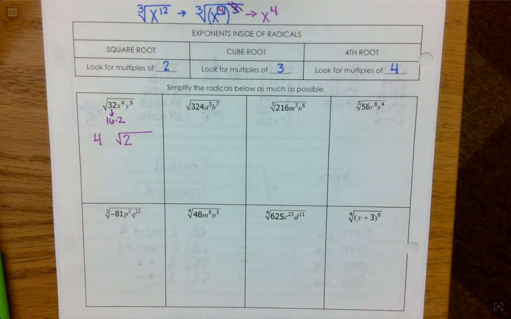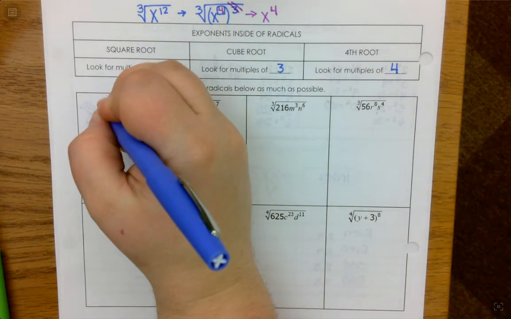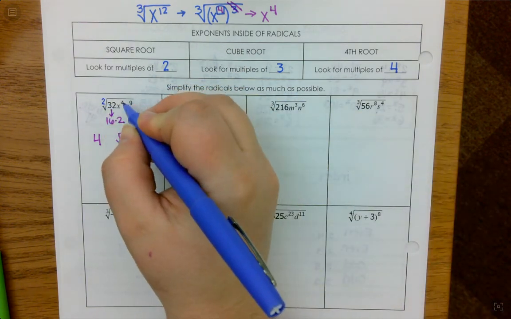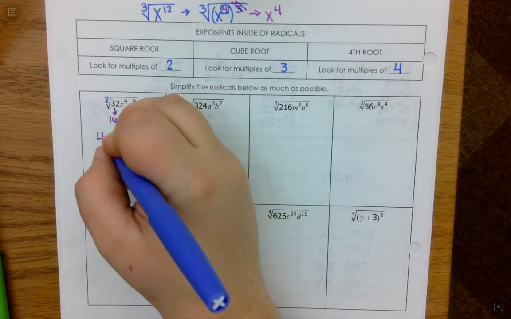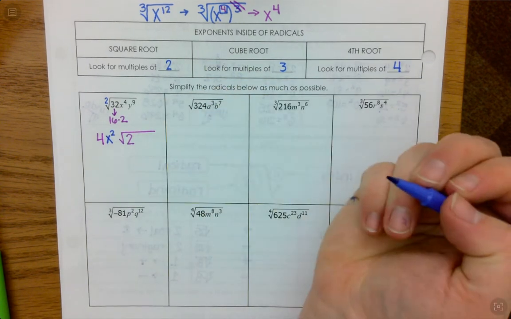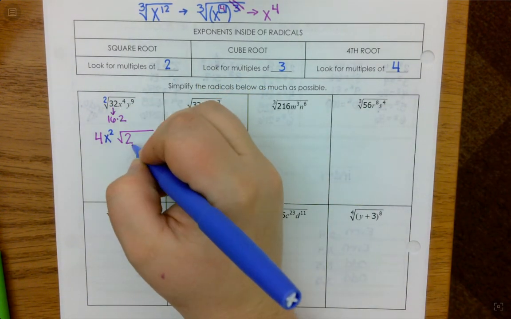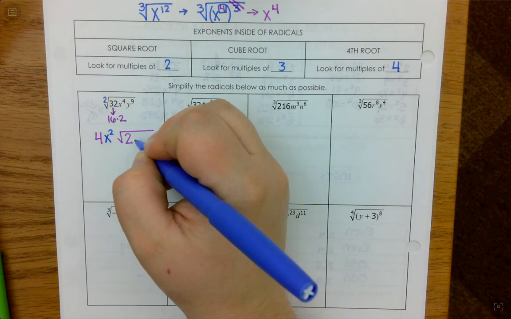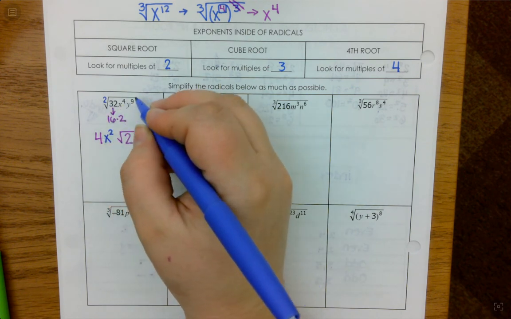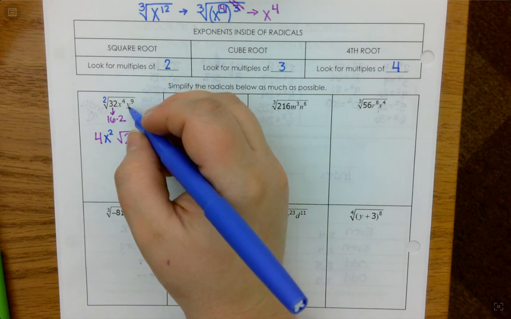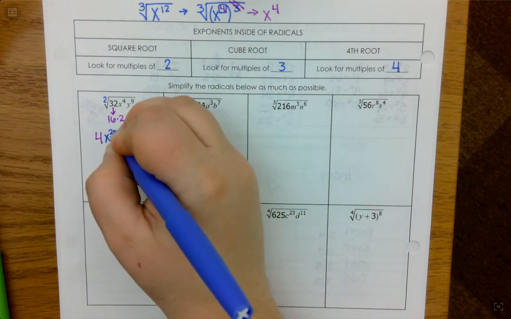Now I'm leaving a little bit of a gap so I can do the numbers. Remember that a square root has that imaginary 2 right here. Well, 2 goes into 4 twice. So that means x squared gets to come out here. There's none left in here because it went in evenly. 2 goes into 9 4 times, because 2 times 4 is 8.